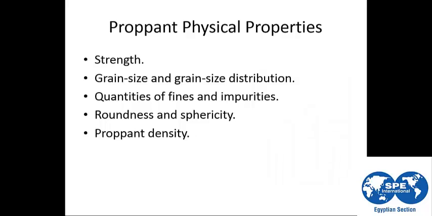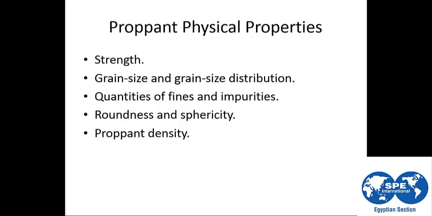If we have a mesh that has 20 openings per each inch, this mesh size is called 20. If we have 20 mesh openings within the square inch, this mesh size is called 20. And if we have 40 mesh openings inside the square inch, this mesh size is called 40.